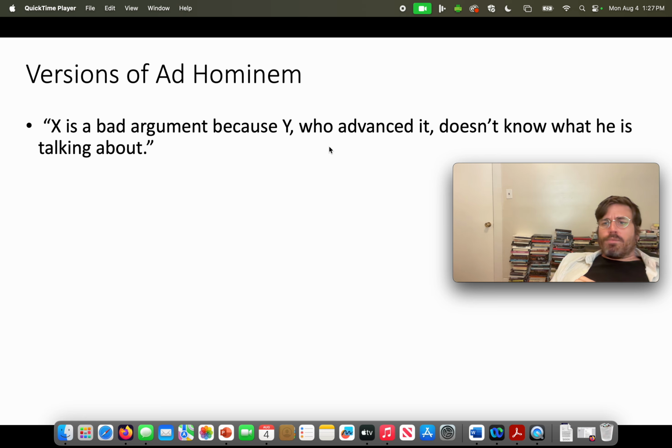So we might try to raise the possibility that the speaker or the claimant is not credentialed or doesn't have knowledge of the topic. Now, you might be asking yourself, well, isn't it very relevant for a presidential candidate to have experience and knowledge of the subject that they're dealing with?